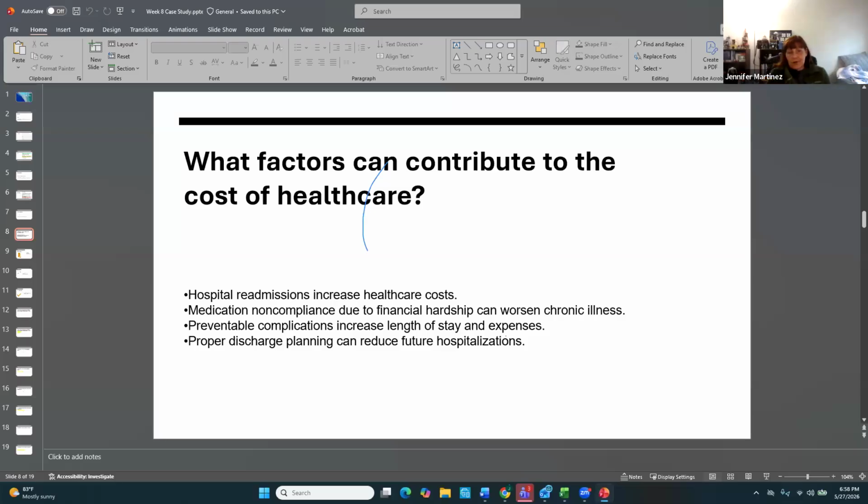Maybe he needs one to help him manage these chronic conditions. And if he's seeing a primary care physician, they're going to be able to recognize, oh, you're getting sick or something else is happening, so that we can try to prevent some of those readmissions or even prevent future hospitalizations.